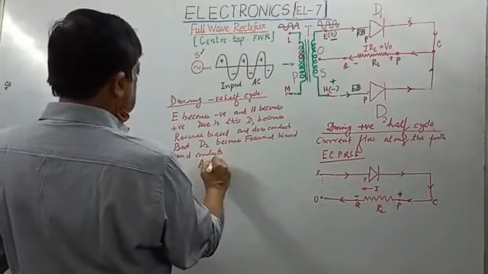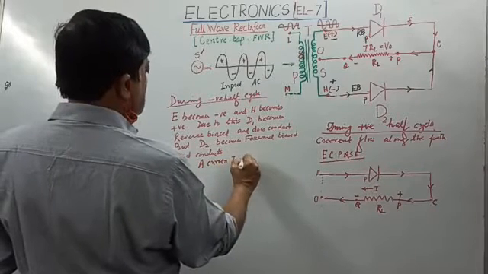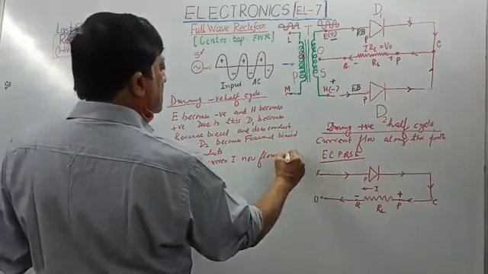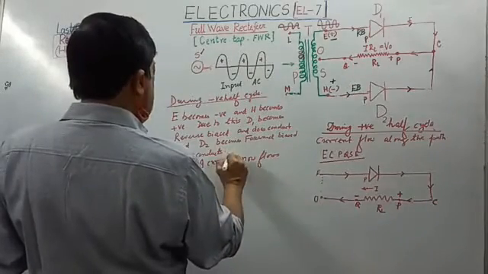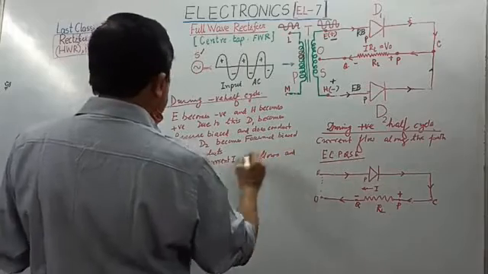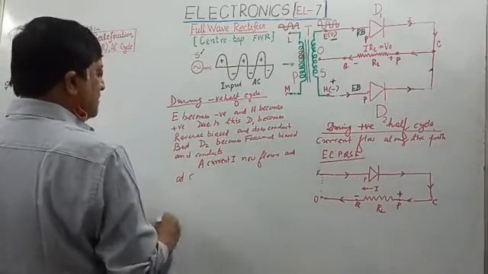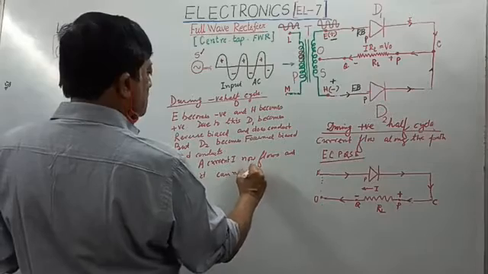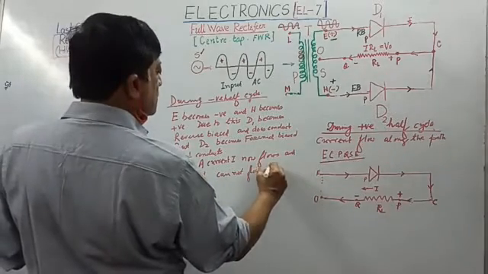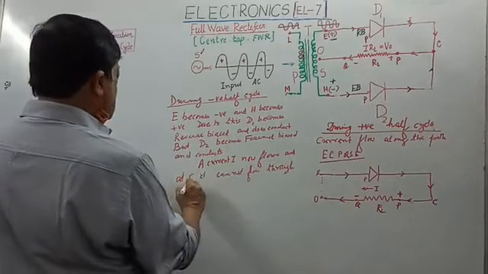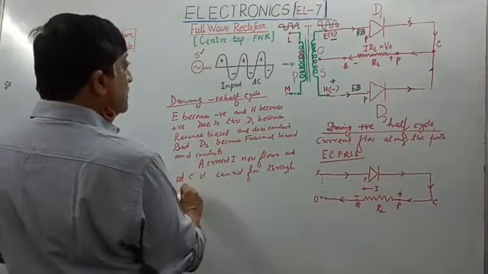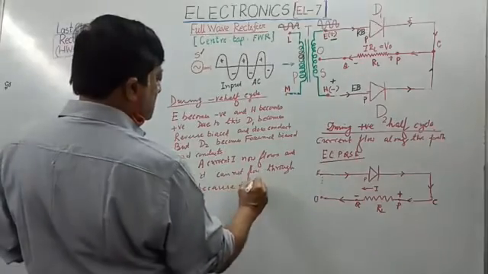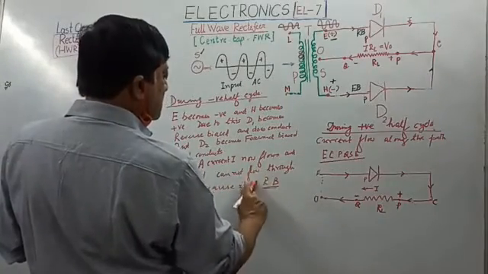A current I now flows, and at C it cannot flow through D1 because it is reverse biased.